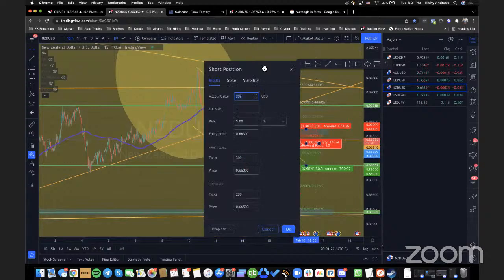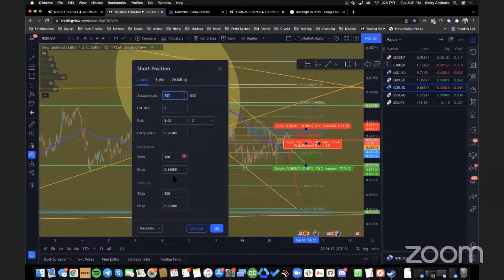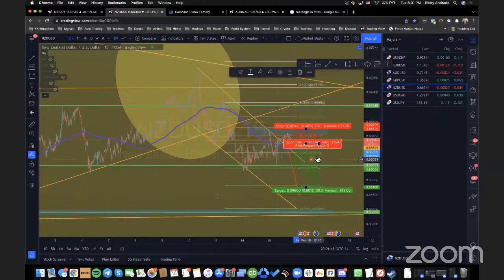Now for this one, I think I'm going to aim for 3 take profits. So 100, let's do 500. It's about 600. So this one's going to be about 1 to 2 right here. 1 to 2 ratio, or no, that's 1 to 3, 200 to 600.